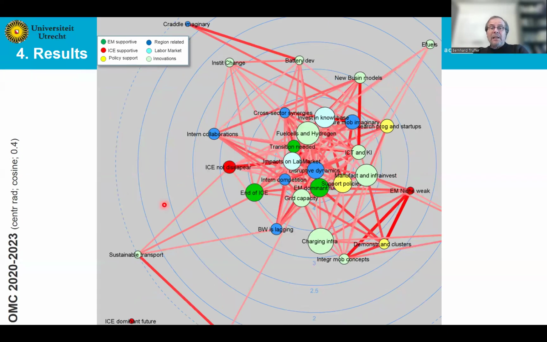In the last period, the situation changed in such a way that the core is dominated by light green and blue elements. So it's really about how to implement it.